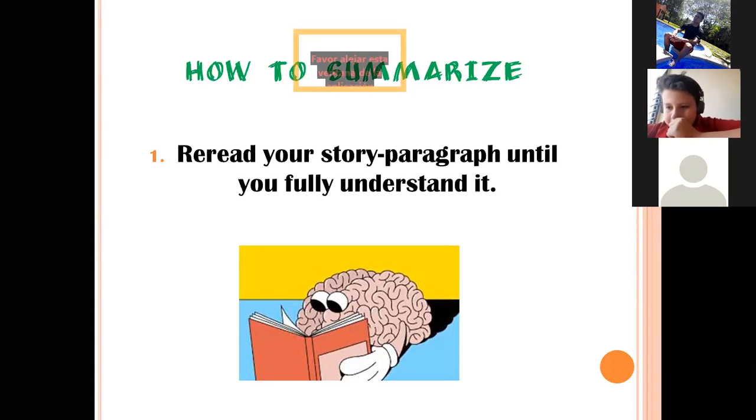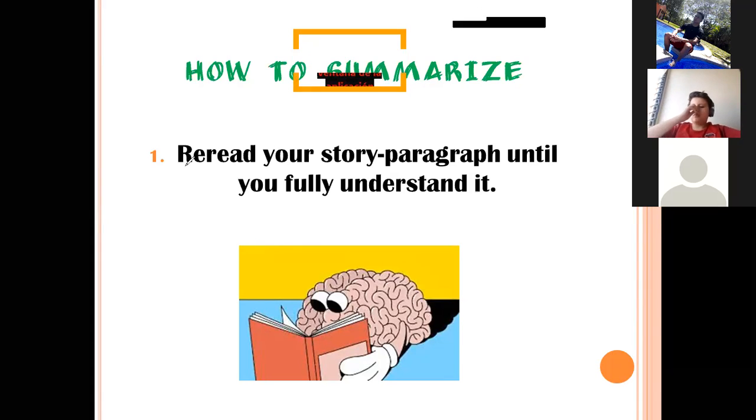This is important because you need to read again and again until you have the main idea. Okay, this is important. So my first tip is this: reread. Copy this in your notebook, please.